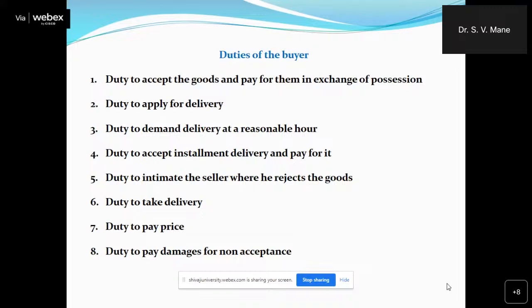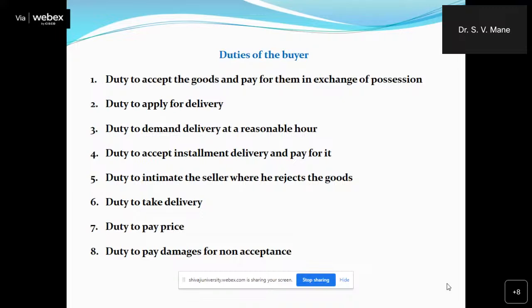It is the duty of the buyer to apply for delivery from the seller. Then third, duty to demand delivery at a reasonable hour. It is the duty of the buyer to demand delivery at a reasonable period of time from the seller whenever the purchase is done.